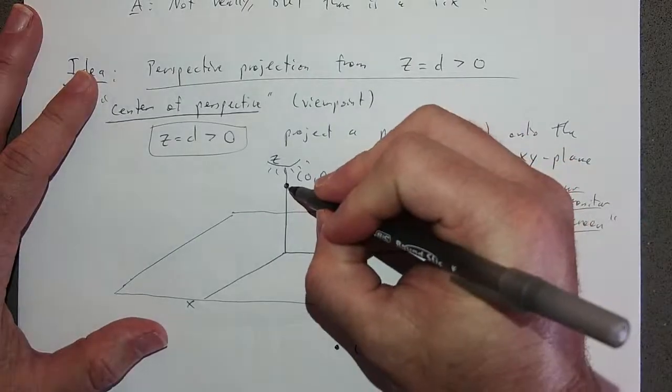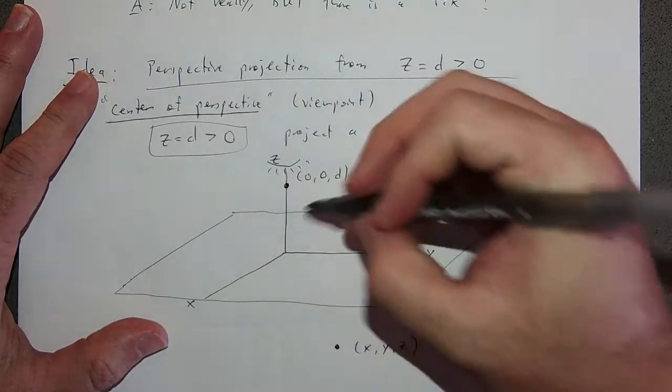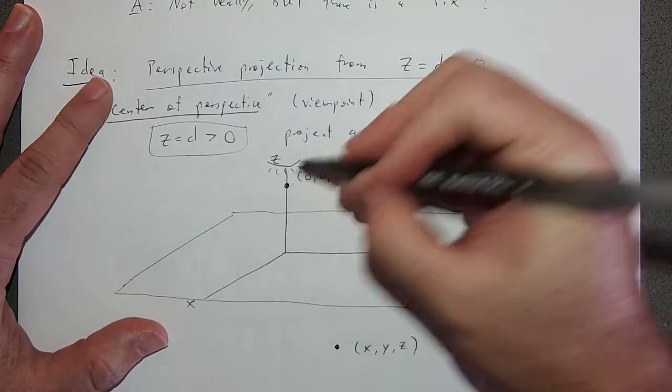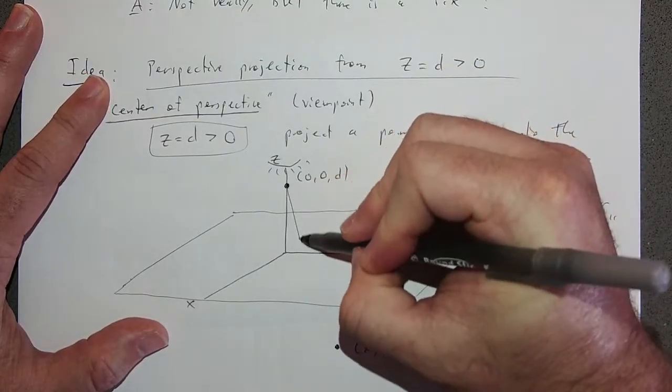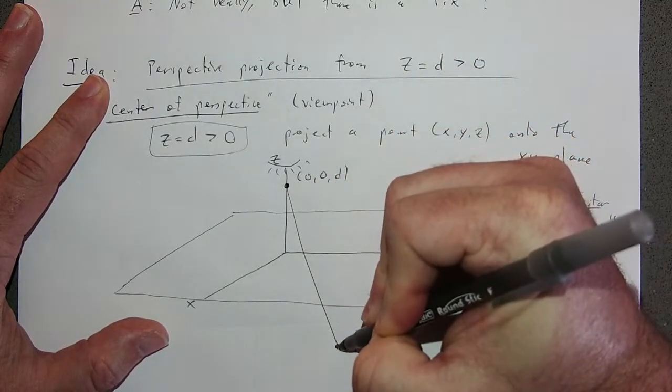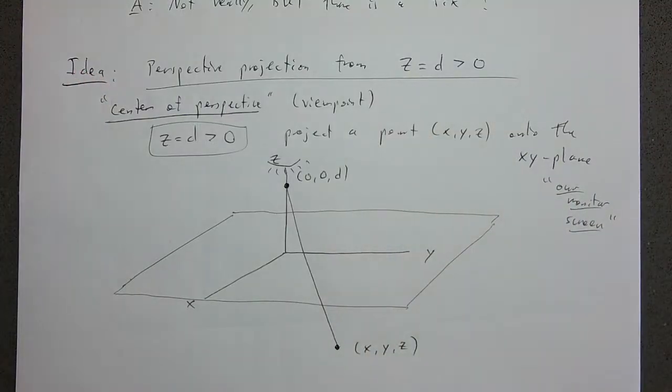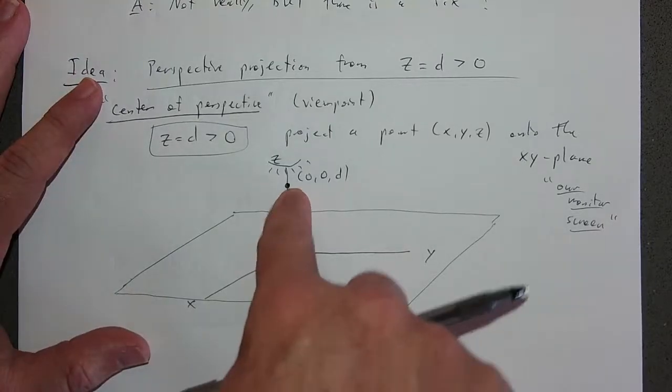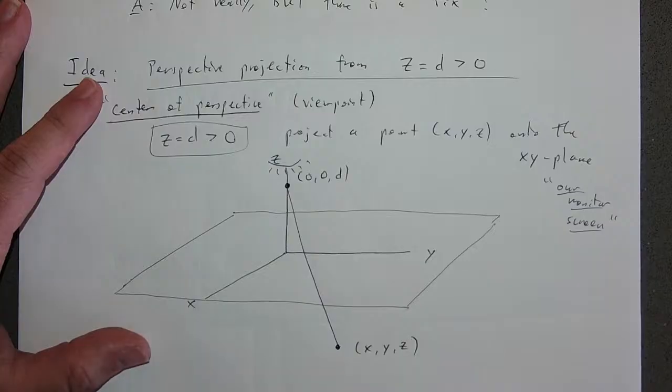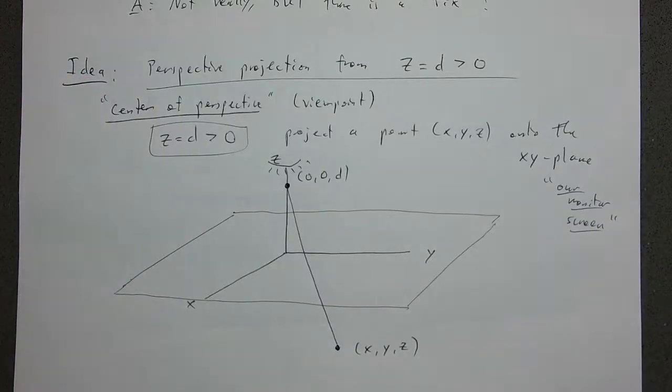You are looking at that point from this viewpoint, and that is the, I didn't draw a completely straight line here, but imagine that I did. This is the thing that gets it done. This is your view line, right? This is your line of sight with that point.